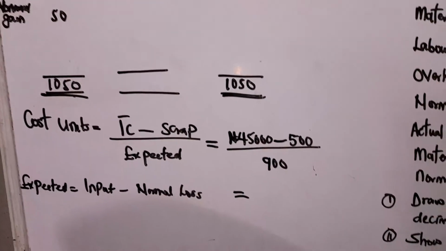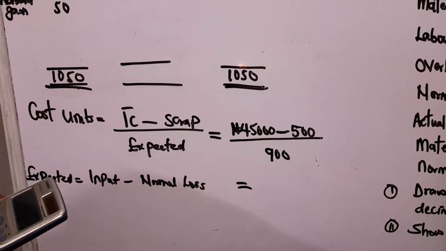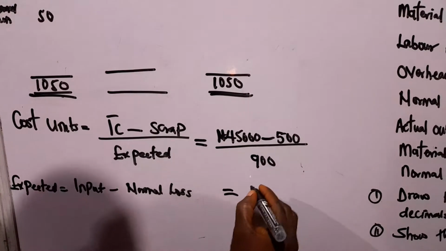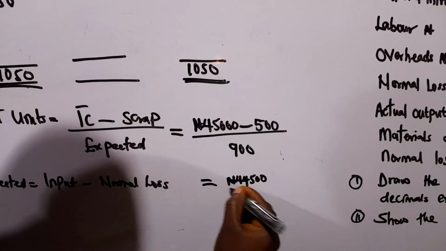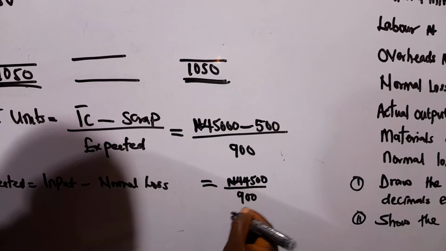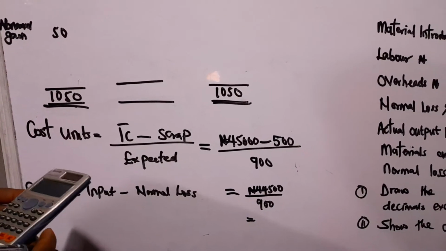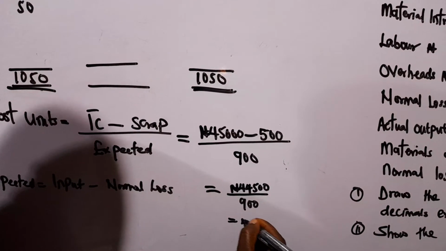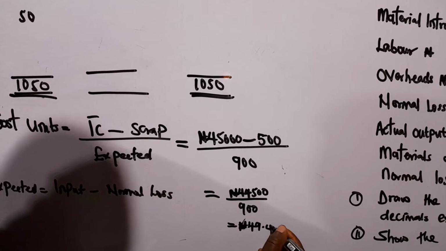So I will say, okay, 45,000 minus 500 gives me 44,500, divided by 900. If I divide it by 900, that gives me 49.44.